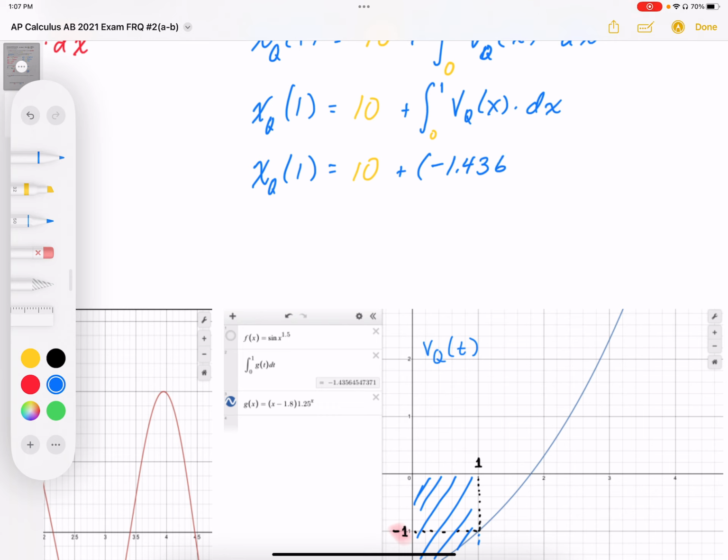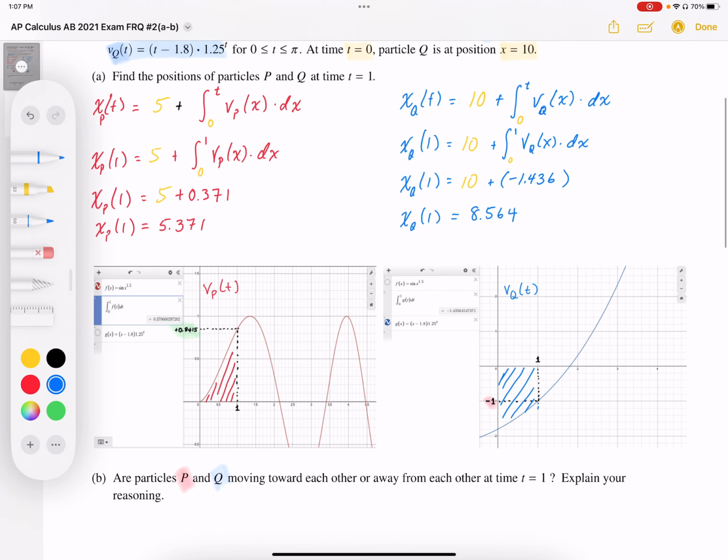Okay, and then that means that the position of particle Q at t equals 1 works out to be 8.564. So that's going to be 8.564 meters to the right.